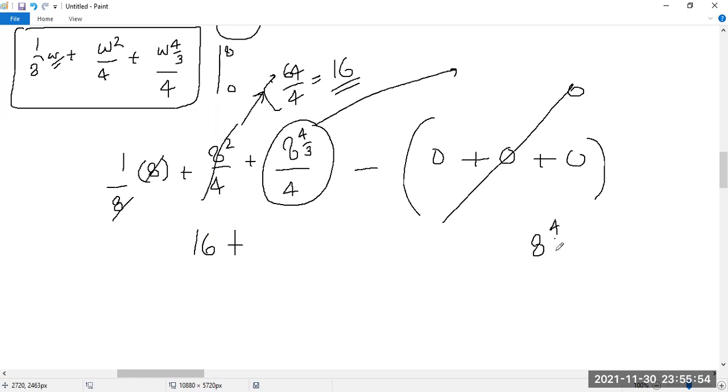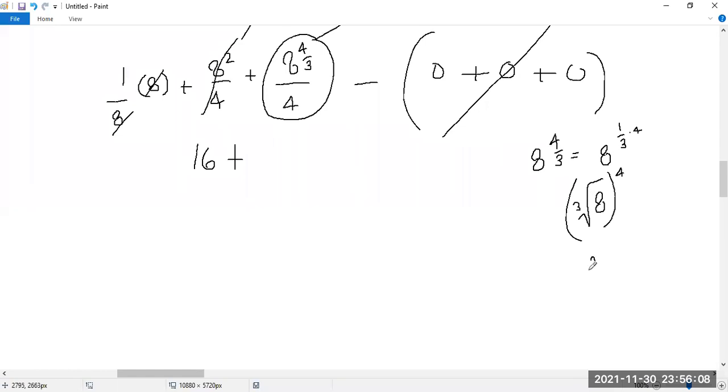So 8 to the 4/3 is the same thing as 8 to the 1/3, to the 4th power. So this is 8 under a root, to the 4th power. The cube root of 8 is 2, to the 4th power, which is 16, right?